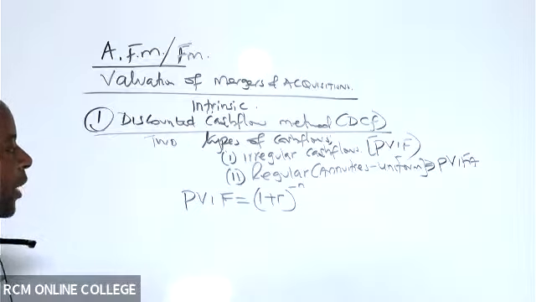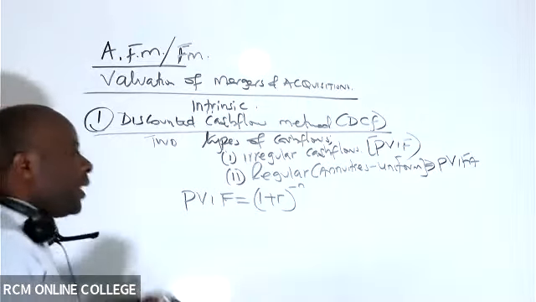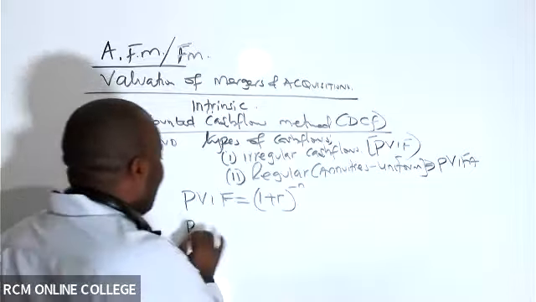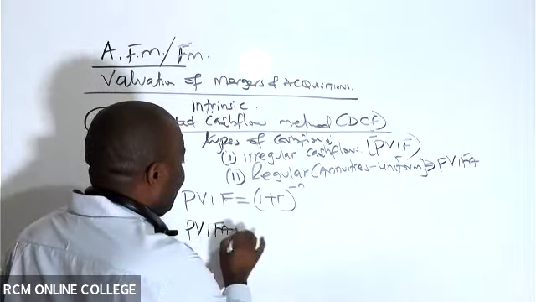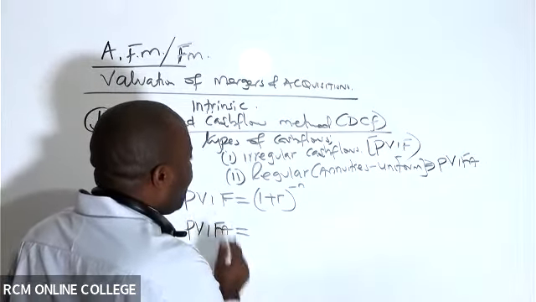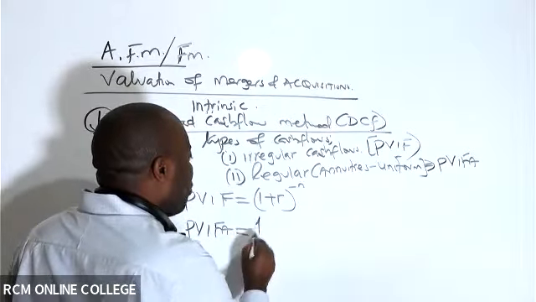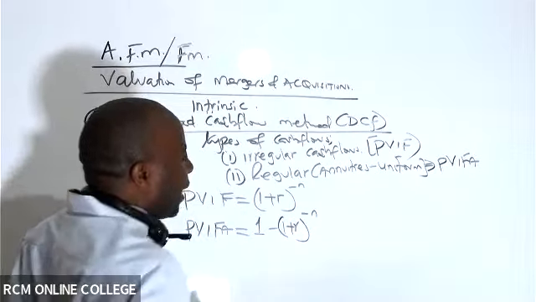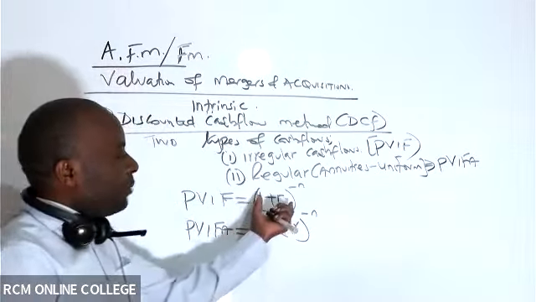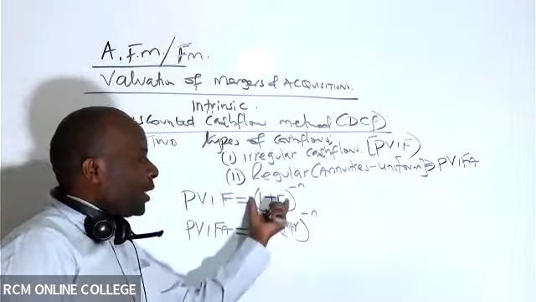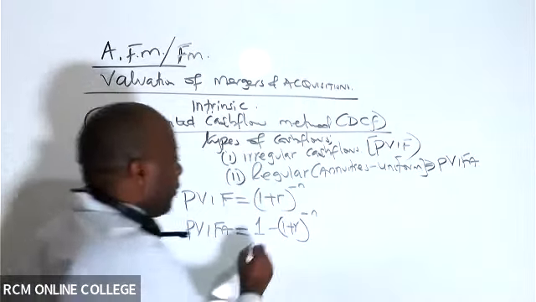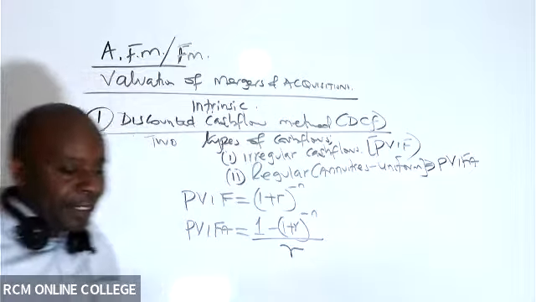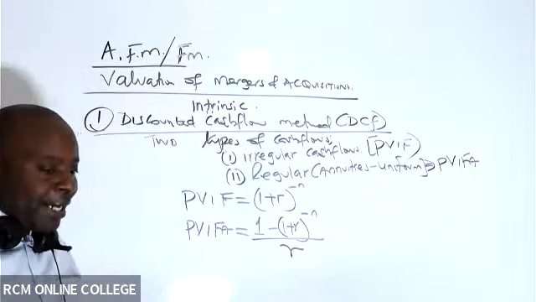Ladies and gentlemen, after getting PVIF, I must be in a position, as a finance scholar, to know how to get PVIFA, the present value interest factor of an annuity. This is very easy. It will be 1 minus (1 plus r) raised to negative n, and then you divide everything by r.